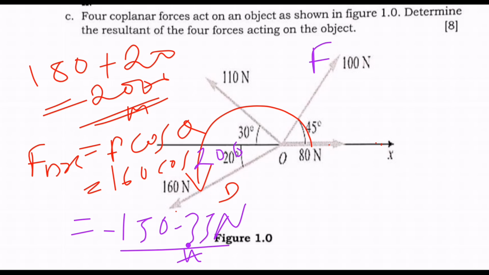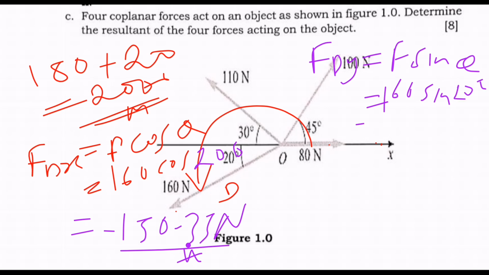F d y is equal to what? F sin theta. Yes, so which will give you F sin theta. So F, we know it's 160 sin 200.